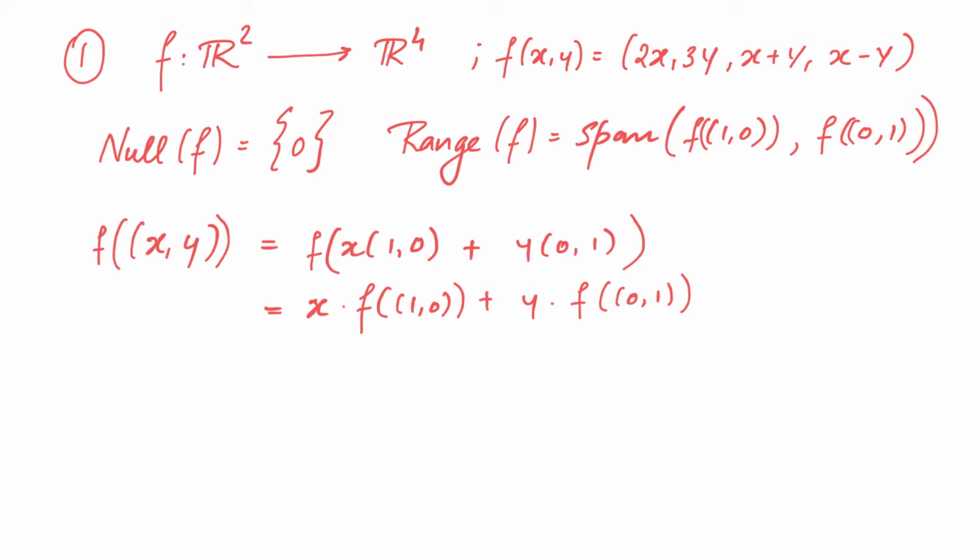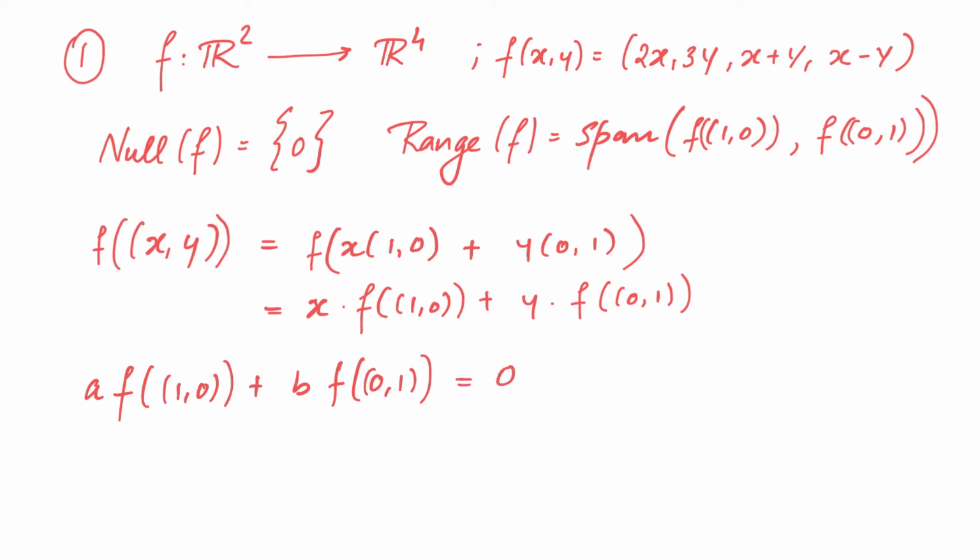Now let us try to see why these two vectors have to be linearly independent. Recall that that is the consequence of the rank nullity theorem in this example. So proving this is proving the rank nullity theorem for this special example, correct? So let us try to prove that they are linearly independent. Let a and b be two scalars such that a times f(1,0) plus b times f(0,1) is equal to 0.